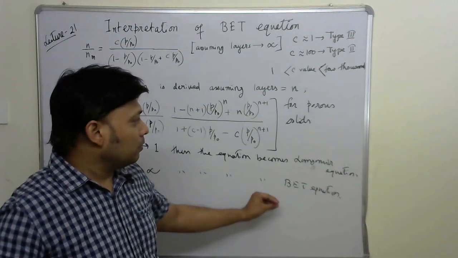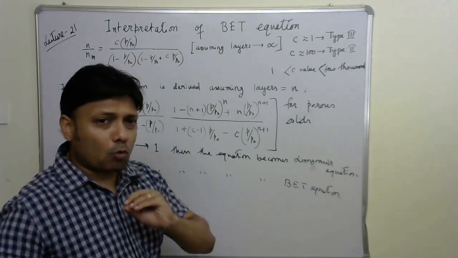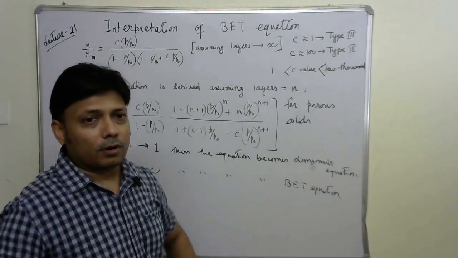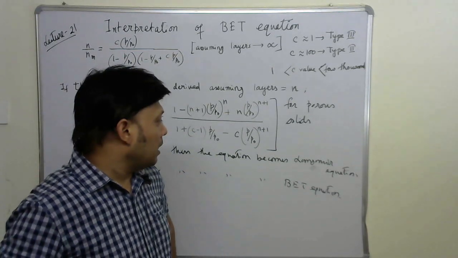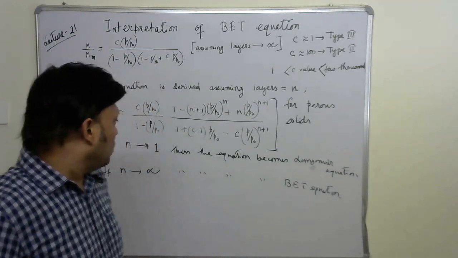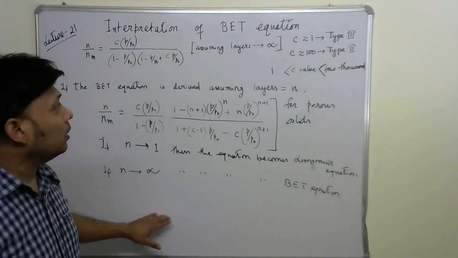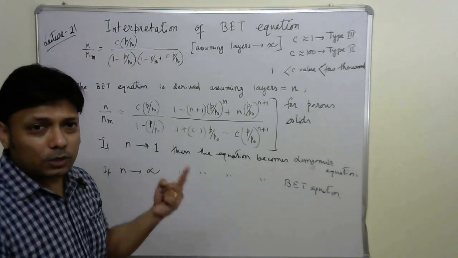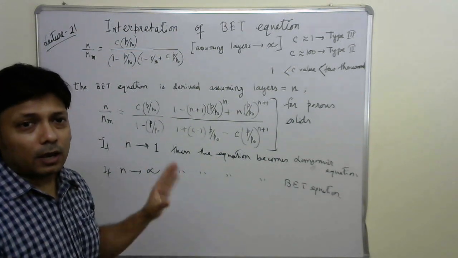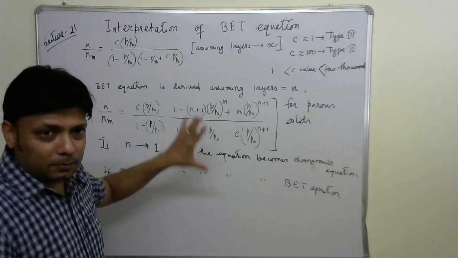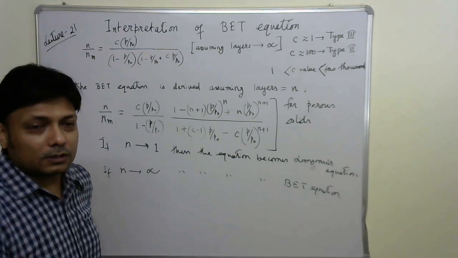At the end we will briefly discuss a little bit more detail on type 4 adsorption isotherm. All right, so now we can see how from the BET equation we can come to type 1, type 2, type 3, and to some extent type 4.